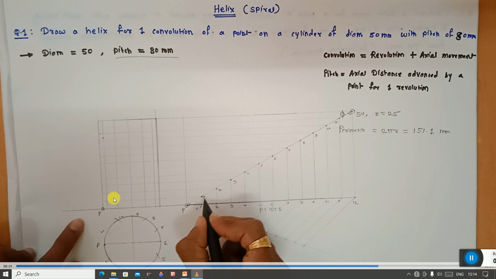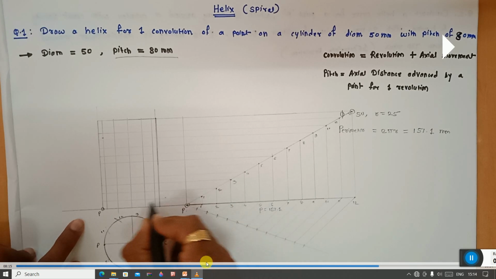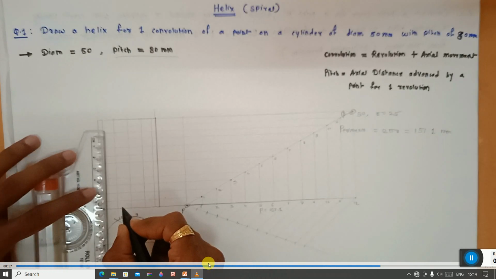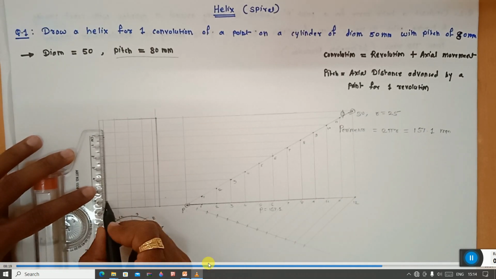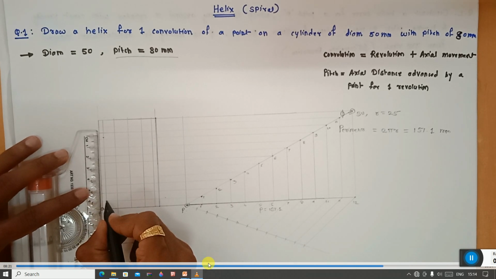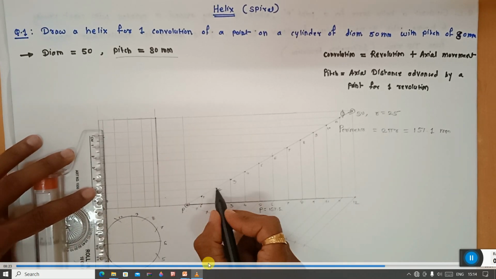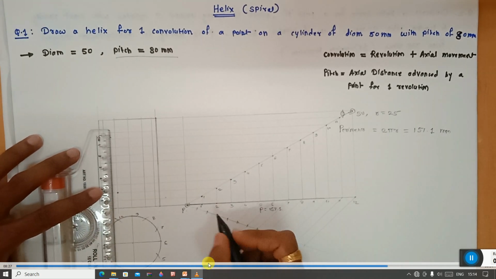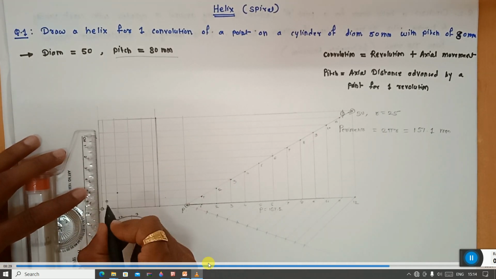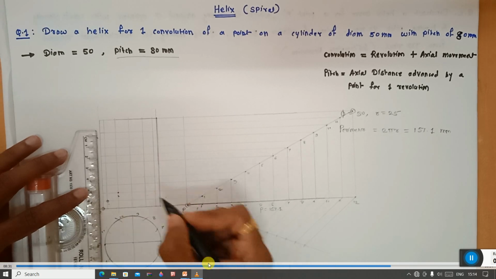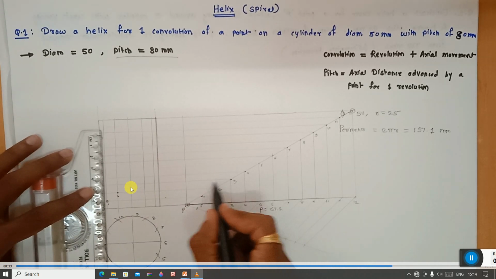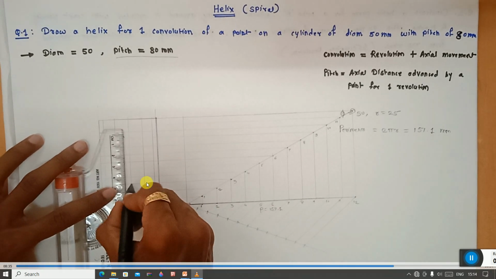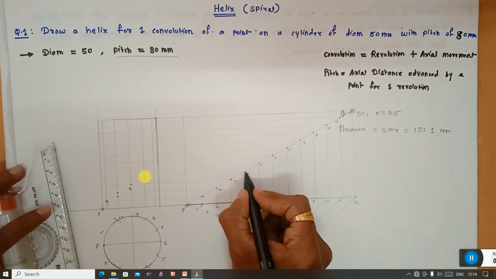So we will mark these intersections as P1, P2, P3, P4. So this is P1, this is P2, then this is P3, this is P4.